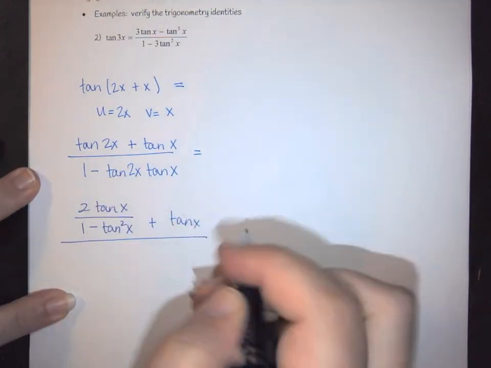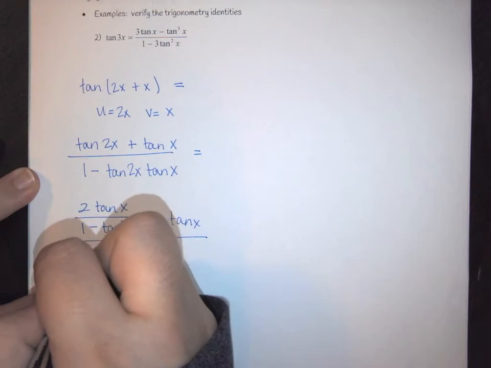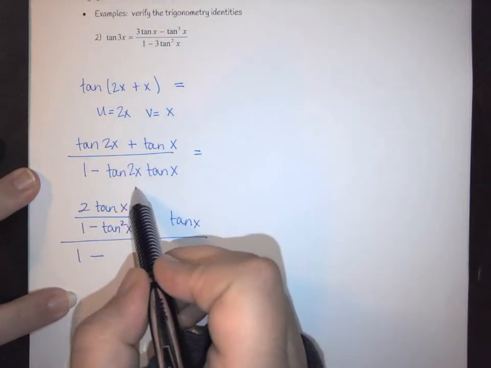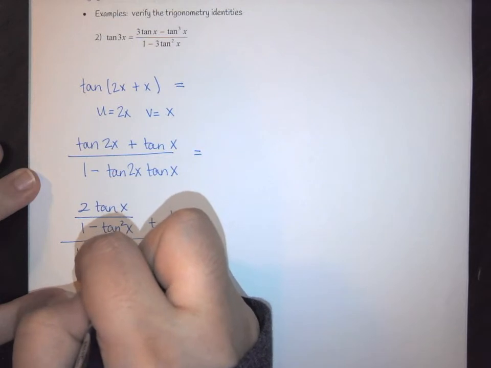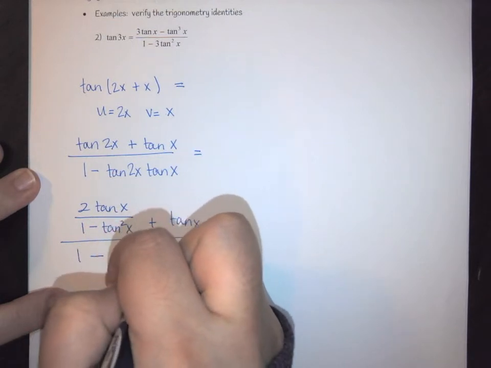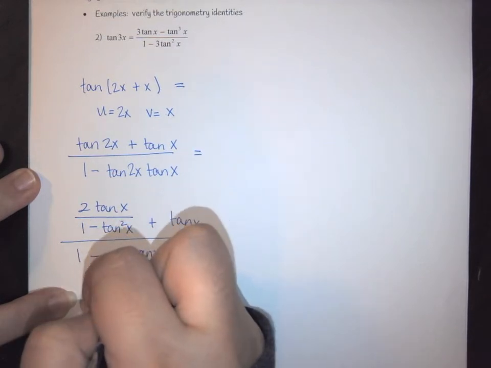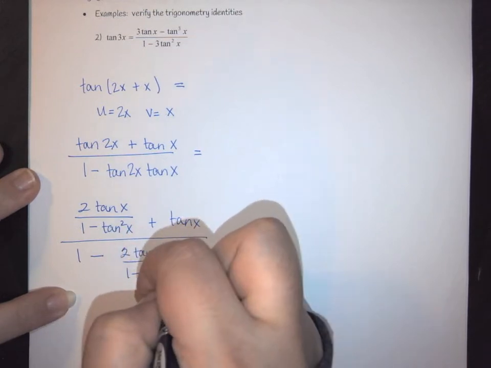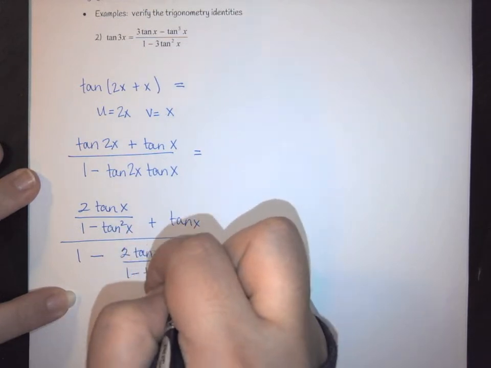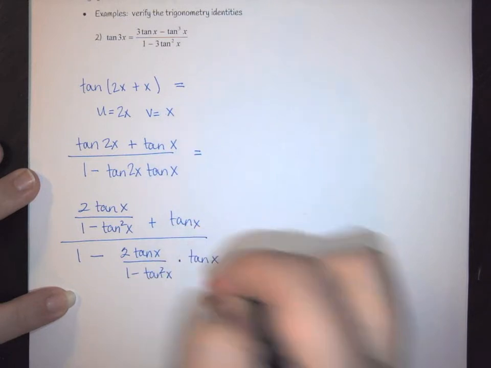And this is still all over 1 minus, but again, I've got this tangent of 2x that I'm going to transform. So this becomes 2 tangent of x all over 1 minus tangent squared, and then this is still times the tangent of x.